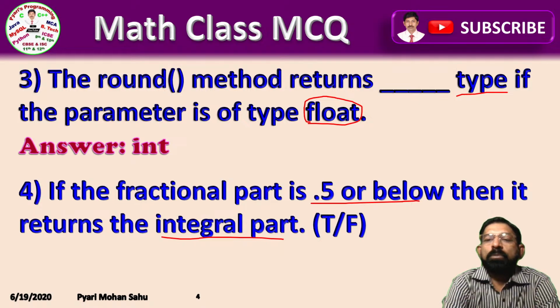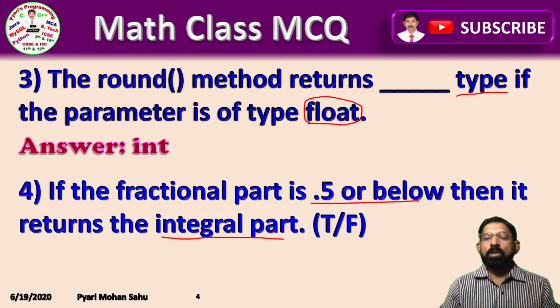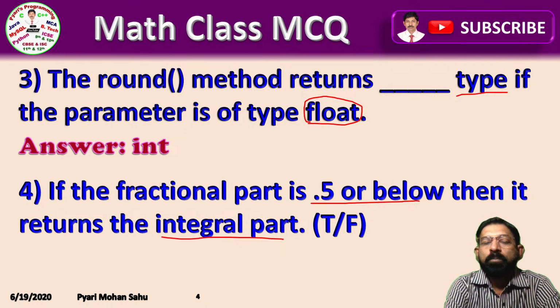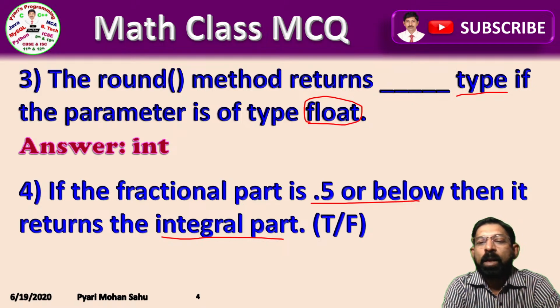False. Good. If it is false, what is the true part? Is 0.5 included or excluded, because it returns the integral part?